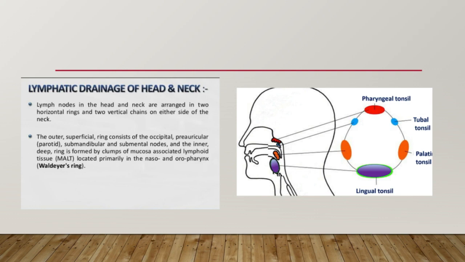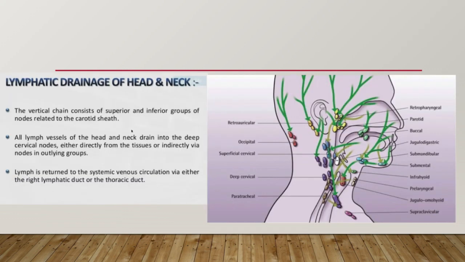The lymphatic drainage in this region prevents infection going from the aerodigestive tract. The vertical chain consists of superior and inferior groups of chains, which lie along the carotid sheath, as you can see in this picture.